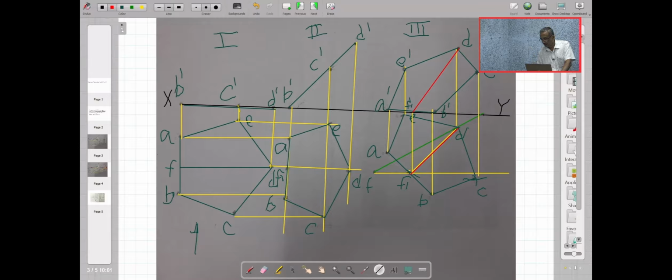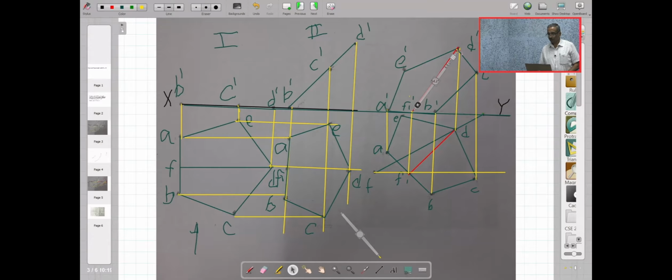Now I will be going to applications and taking a compass. So with F1 dash as center, F1 dash D dash as radius, let us draw an arc so that this line F1D will be made horizontal.